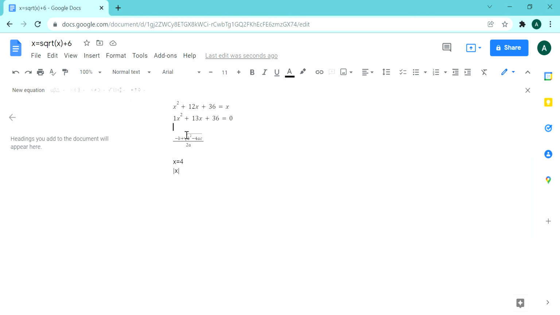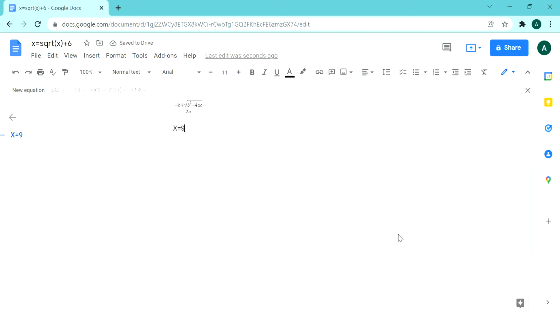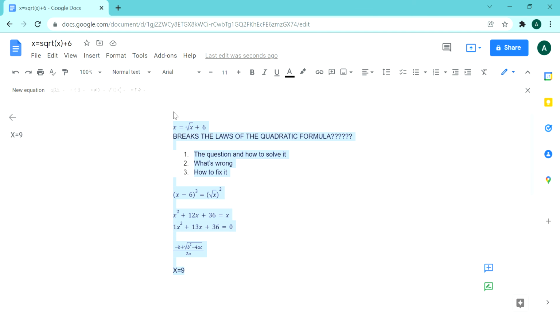And the main solution that I found is to just, instead of making this plus or minus, you need to just make it plus, so that you prevent negative values and weird stuff from happening. And that delivers the solution x equals 9. Which means, after all this stuff, it's just the quadratic formula that's messed up.